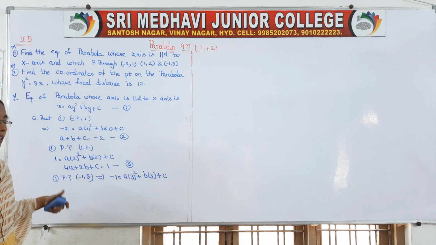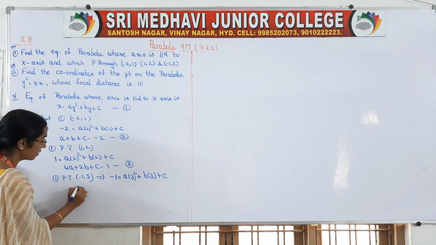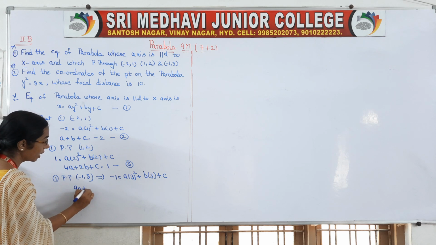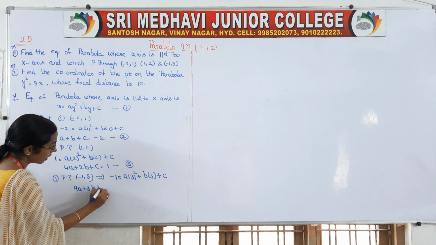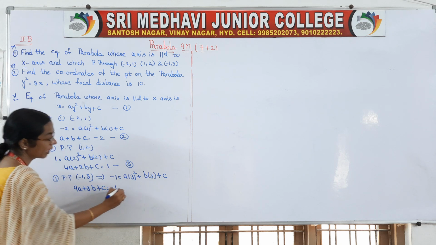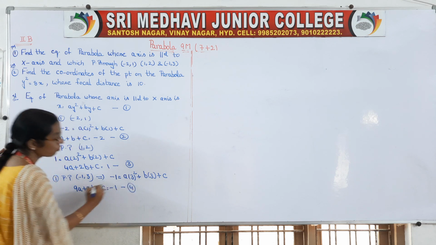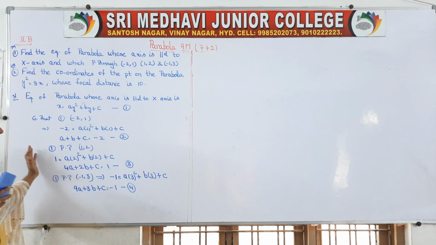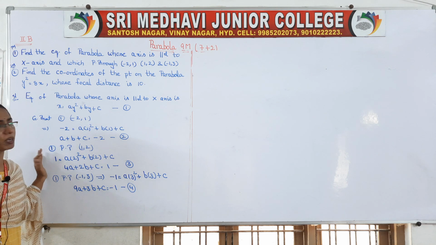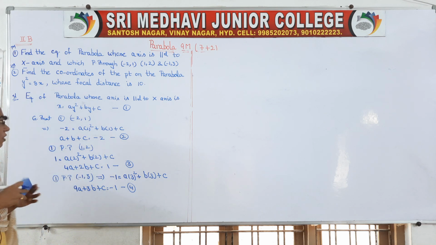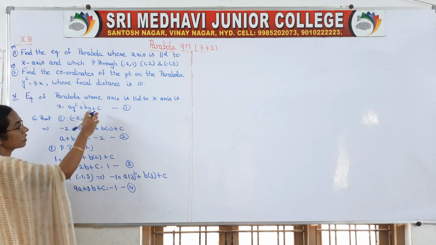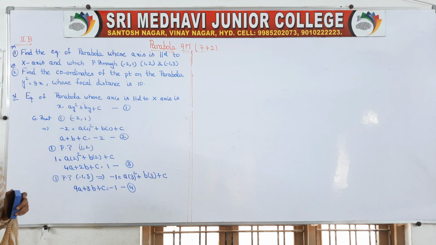So 3 square is 9, right? So it is 9a plus 3b plus c is equal to minus 1. This is your fourth equation. Just like our circle problem, right? By solving these 3 equations, we have to get our a, b, c. Then substitute, that will be our required parabola equation.